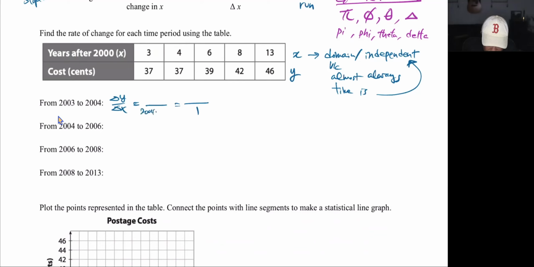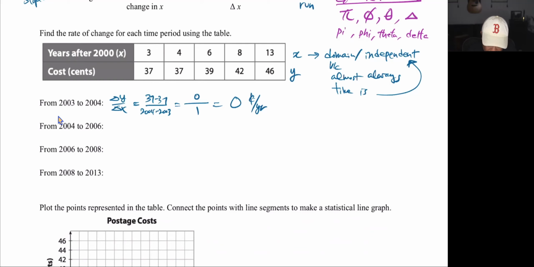Okay, 2004 minus 2003. And its y values are 37 and 37. So there's no change. So that is 0. But keep in mind, guys, that was 0 cents per year. Okay? So it didn't change at all, right? Whatever it is that you were charging.